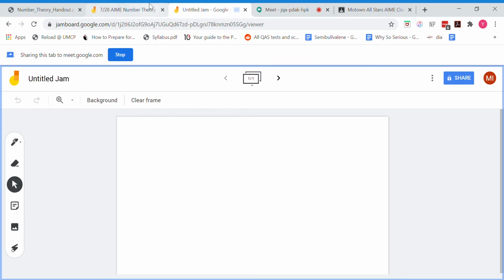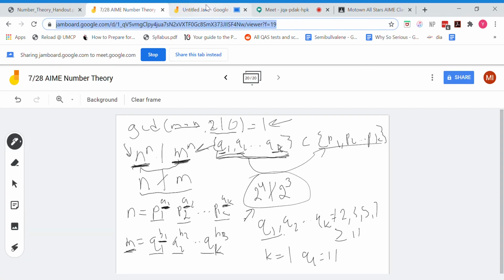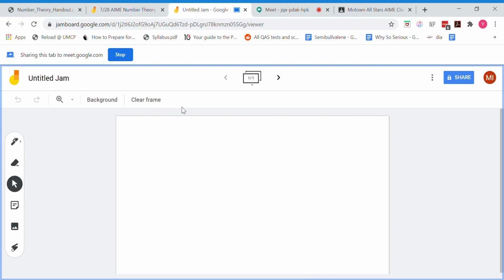Alright, so we stopped off with, we're going to try the possibility k equals 1 and q1 equals 11. So we know that m equals 11 to the power of something. So it's a multiple of 11, 11k, and k can't be divisible by 2, 3, 5, or 7, right? M is 11 times k, and so n, what could be the smallest possible value of n?